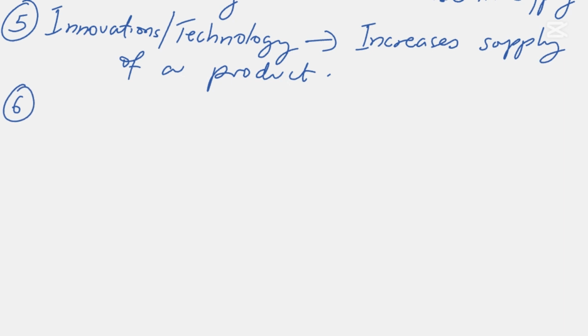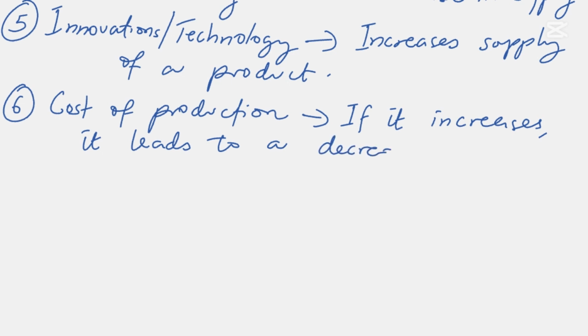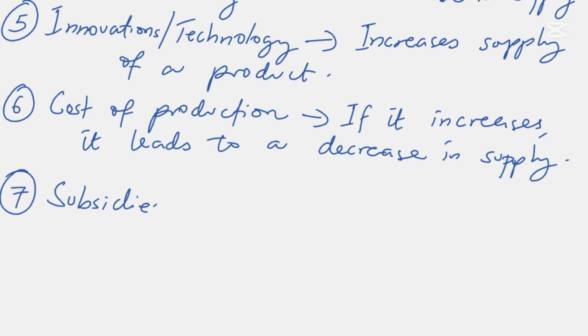The number 6, which is second from last, we have usually the cost of production. And here we are saying that when the cost of production is high, then of course it will lead to a decrease in supply. If it goes down, then we have an increase in supply. Then lastly, we have subsidies.